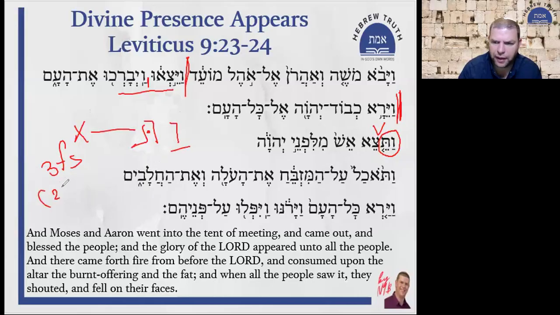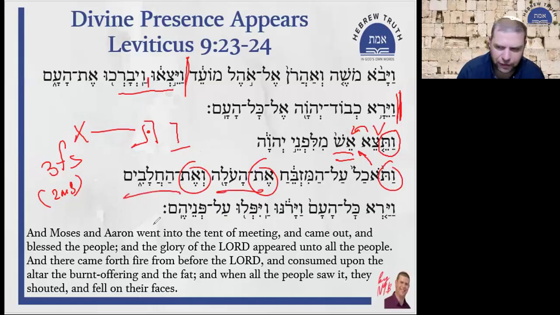It's also second person masculine singular, but in this case, it's the third person feminine singular, referring to the word esh. Vayyetze esh milifnei Adonai, vatochal al hamizbeach. Again, going back to the same subject. Vatochal al hamizbeach. What did it consume? Et ha'olah. We talked about the word olah a few weeks ago. Ve'et ha'chalavim.